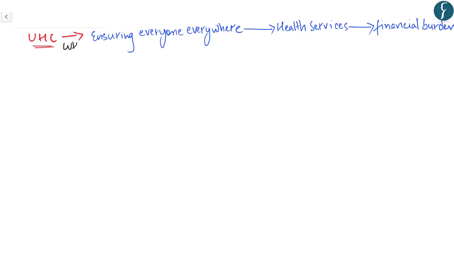So as per the WHO, that is the World Health Organization, universal health coverage means ensuring everyone, everywhere has access to quality health services without facing any financial burden or hardship. Also, universal health coverage is Sustainable Development Goal number 3.